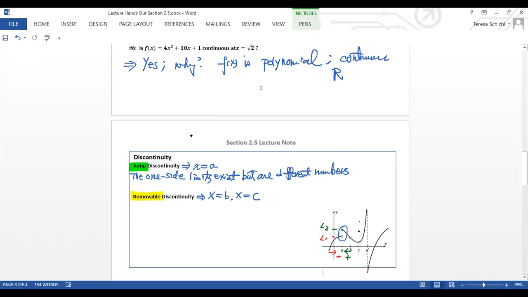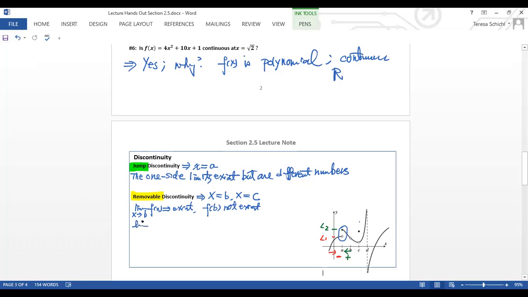So what do we call removable here? We say the limit exists. For the limit as x approaches b of f of x, this exists. But we know f of b does not exist, so I got an empty spot here.